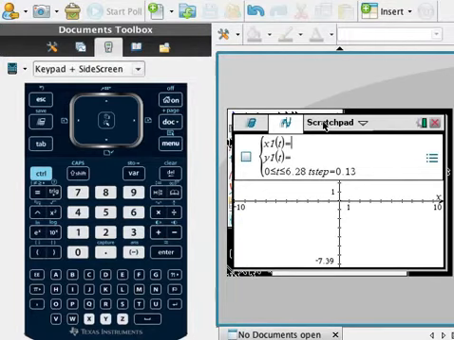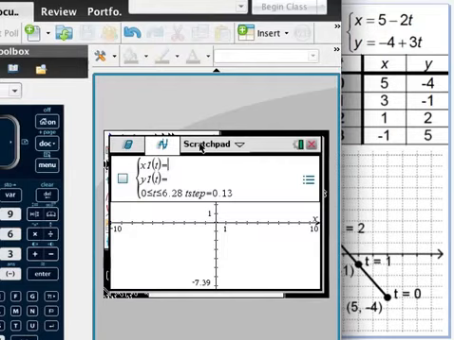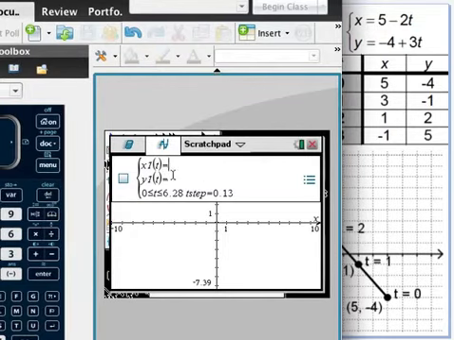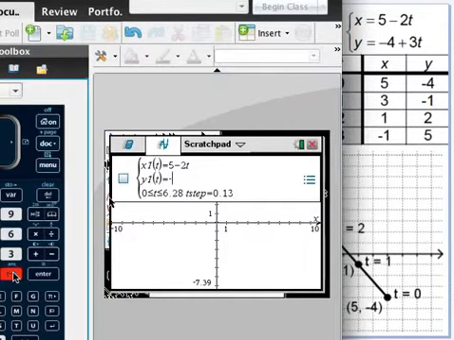So in your notes, I believe we have the equation 5 minus 2t for x, and then for y, we have negative 4, so let me put the negative sign, 4 plus 3t.